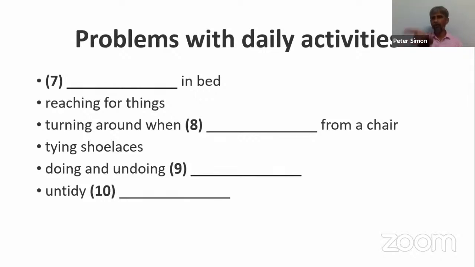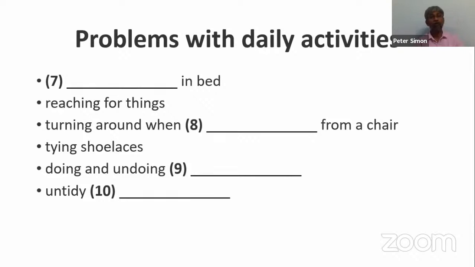Okay, try to understand there. Here only you'll get half of the answers. Turning around, because he cannot dash. So he will turn around, catch hold of something and just try to get up. Turning around when getting up from the chair, or rising up from a chair, or standing up.